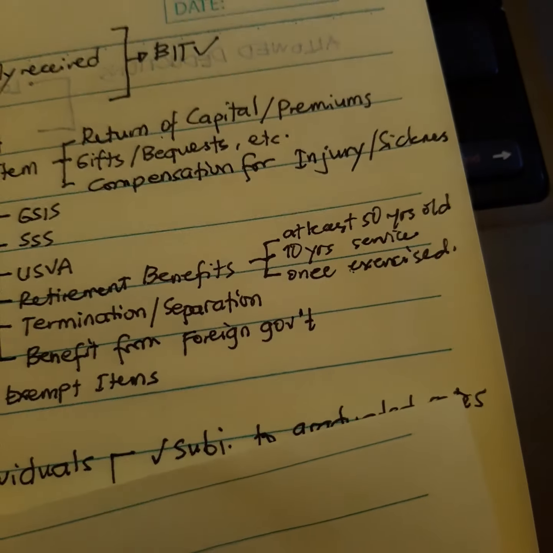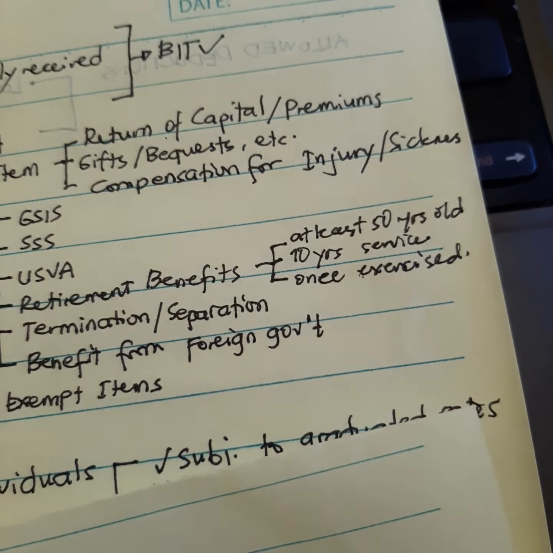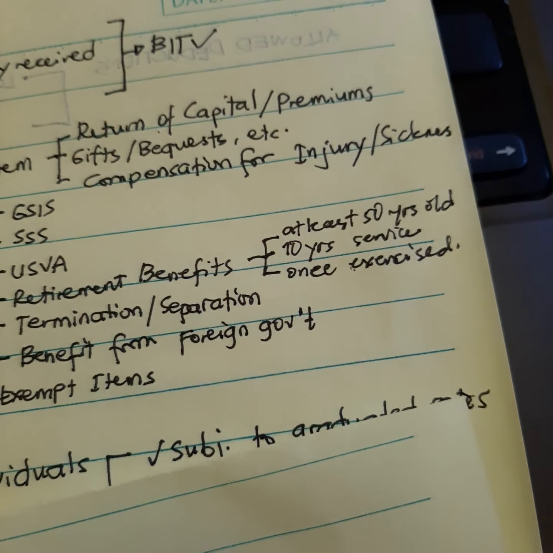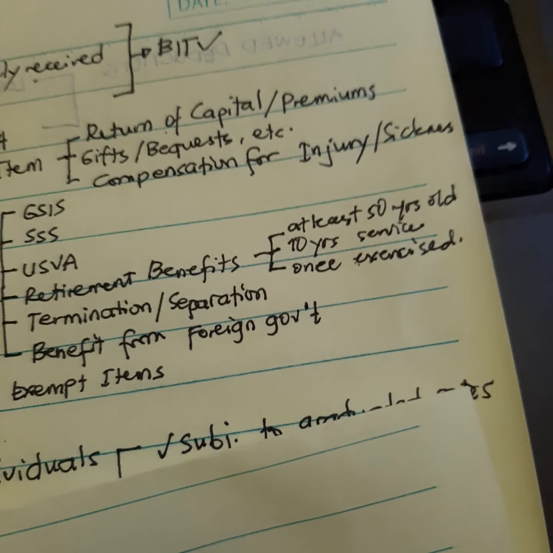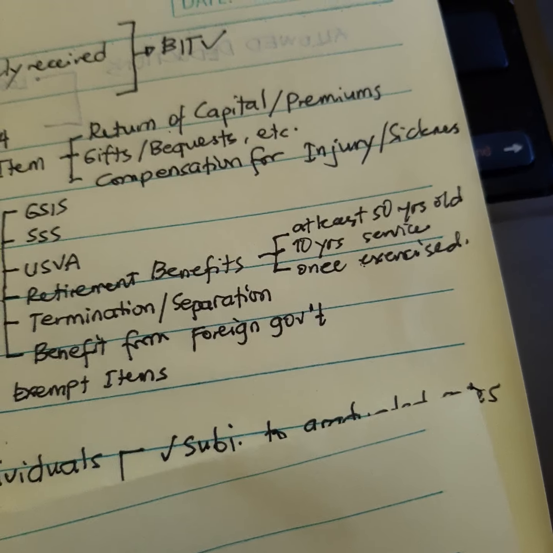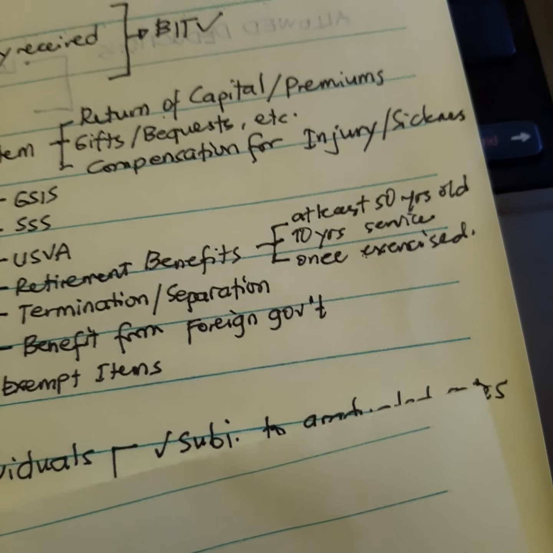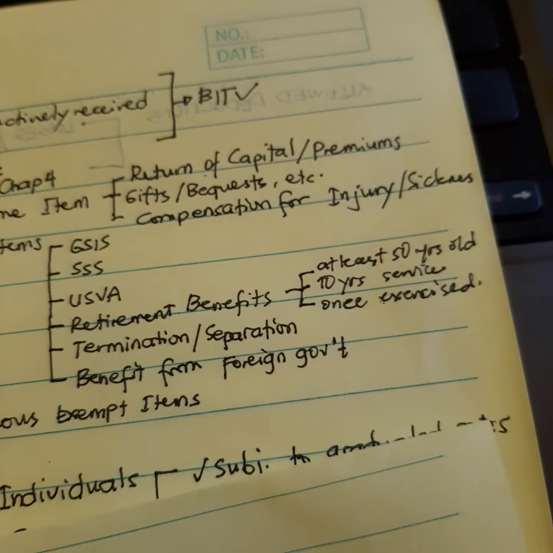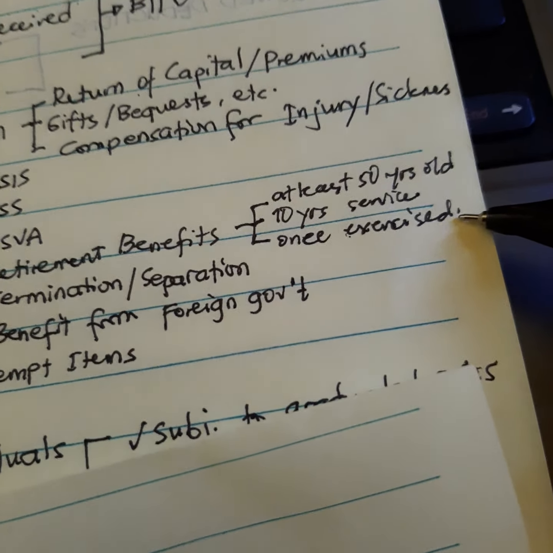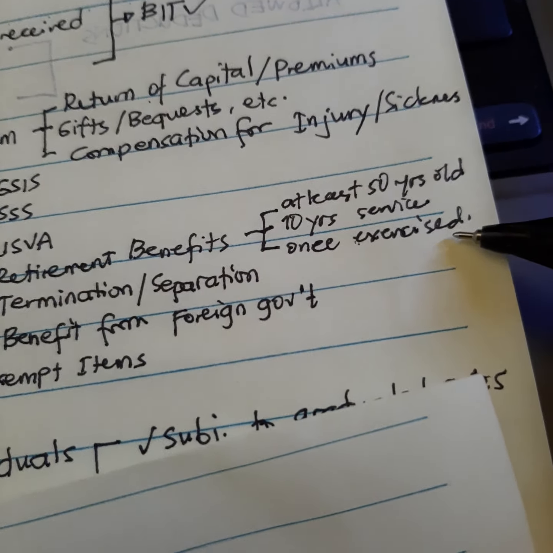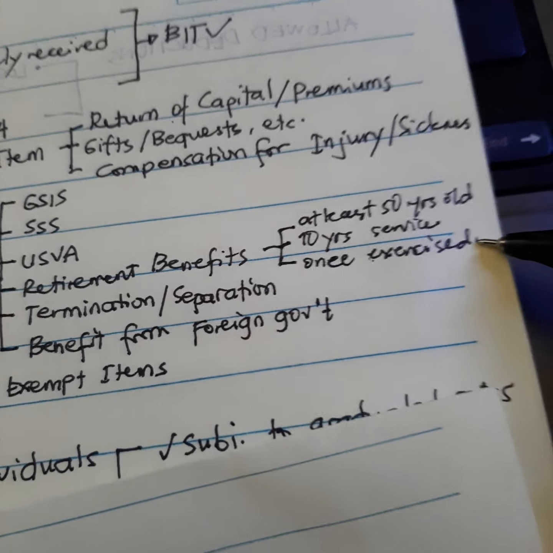But let's say for example, after retiring at 50 years old, tapos nagtrabaho ulit siya, let's say as an administrator or as a consultant, at 60 years old or 10 years after rendering 10 years service, nag-retire ulit siya, then yung makukuha niya na ay magiging taxable kasi it will be the second time na i-exercise niya yun. So, hindi na pwede. So, hindi na siya magiging tax exempt.